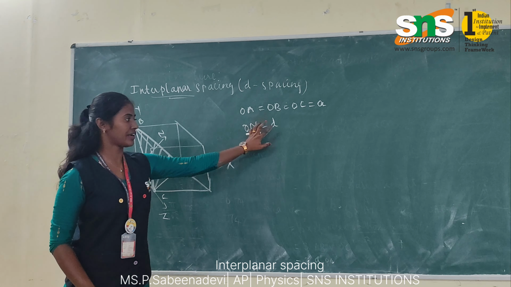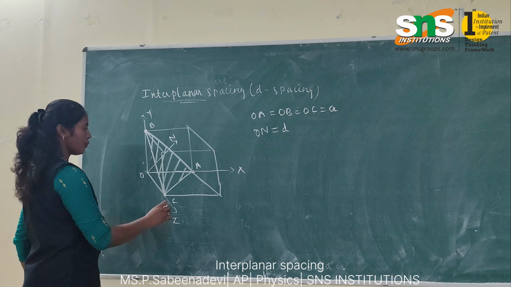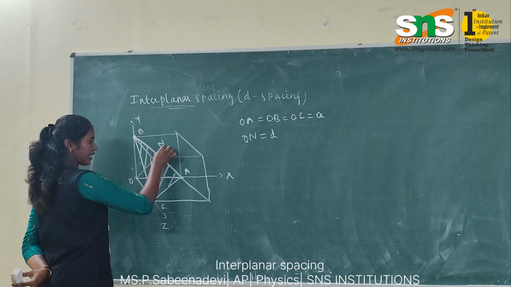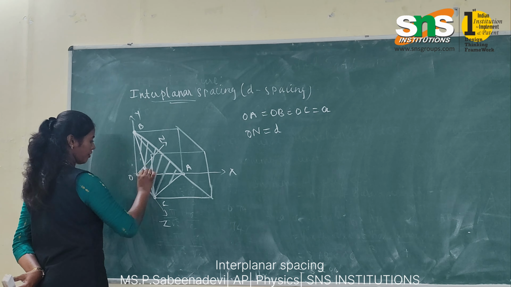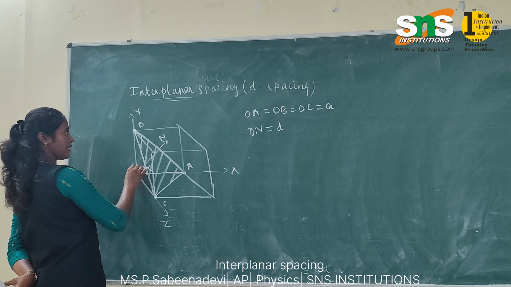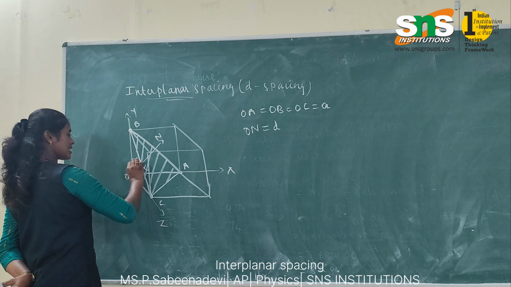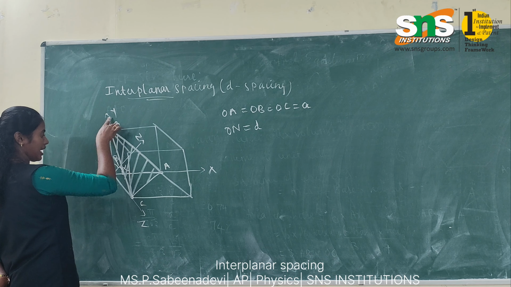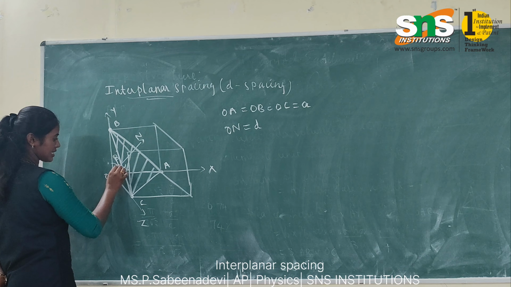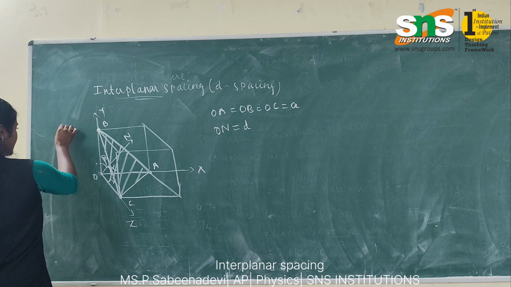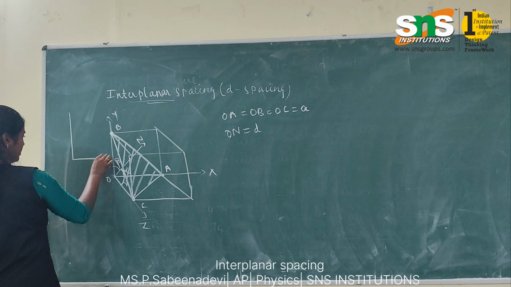ON is equal to d. The angle between ON and OX is alpha. The angle between ON and OY is beta. The angle between ON and OZ is gamma.